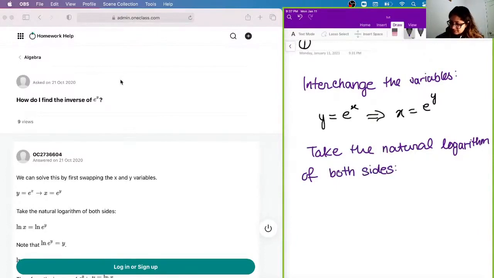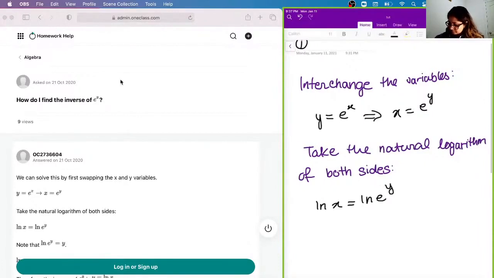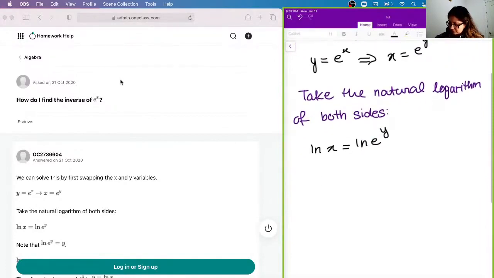Now we have ln of x is equal to ln of e to the power y.